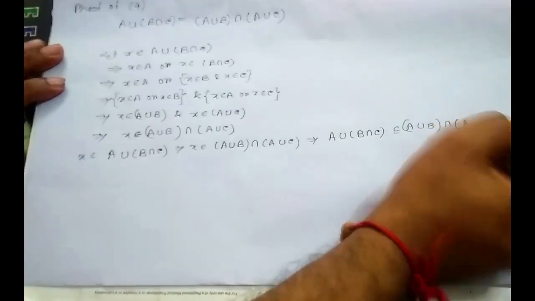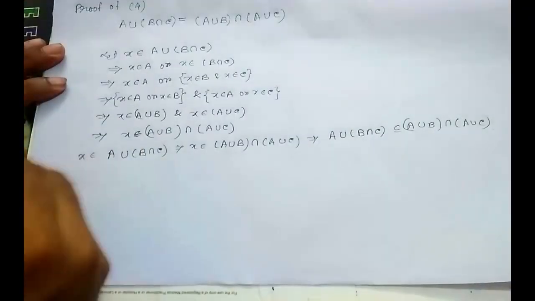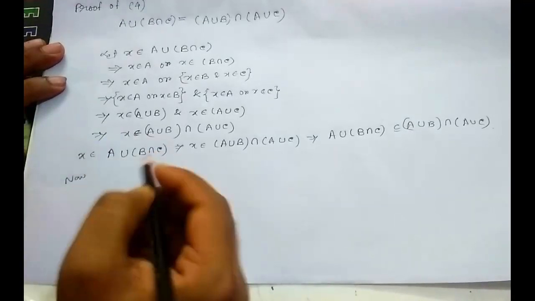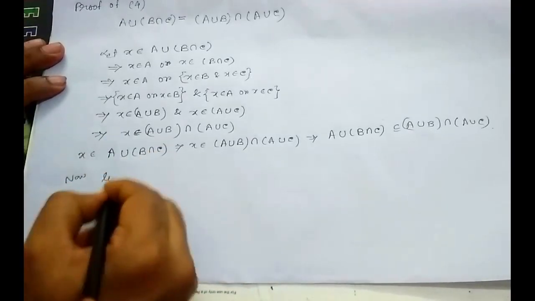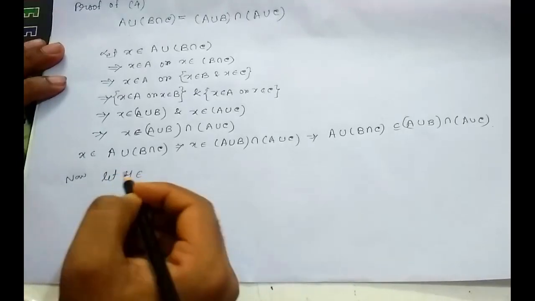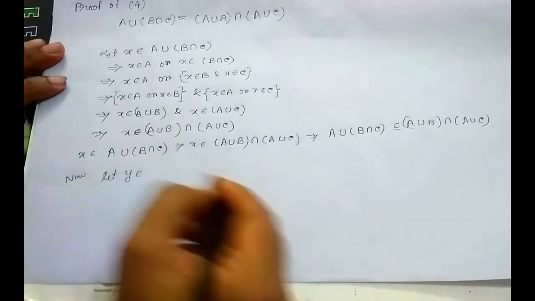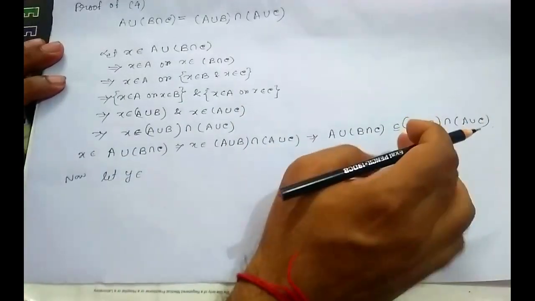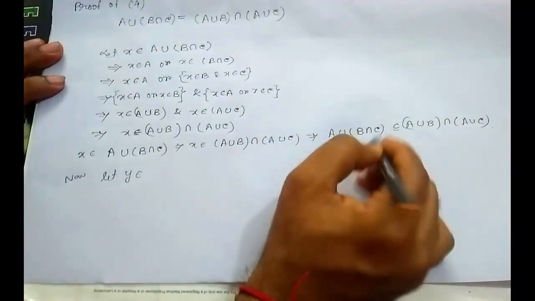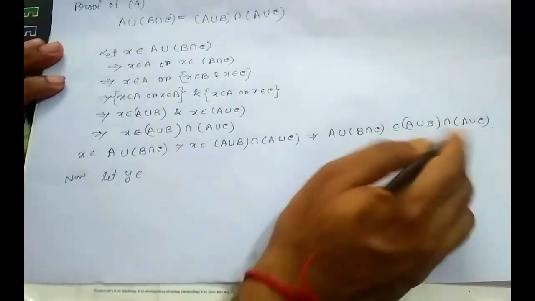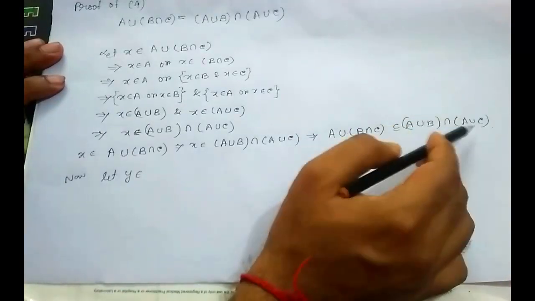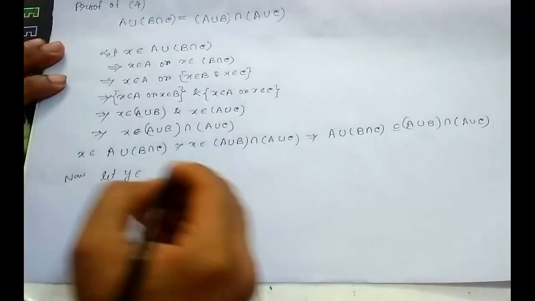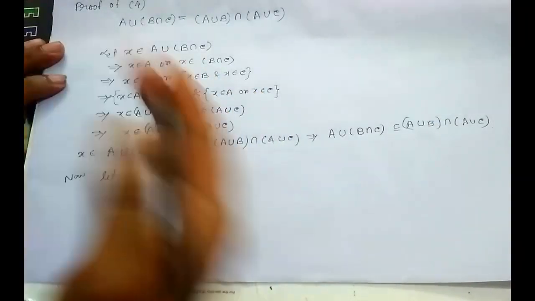Okay, now we have shown that this set is subset of this set. Now we have to show that this set is subset of this set, then the equality of two sets will hold.